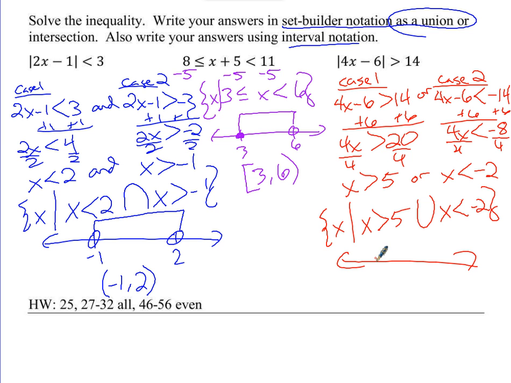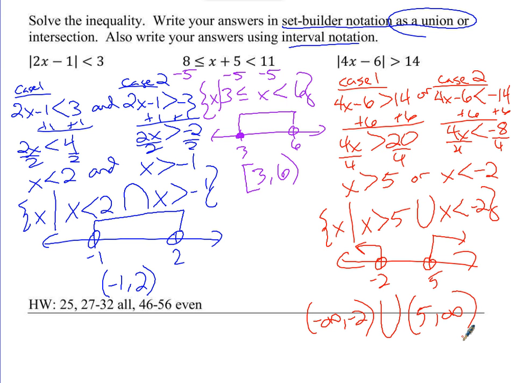Bell's going to ring here, just hang on. We have -2 and 5. Both are open and they're going outward. So the interval notation here will be parentheses -infinity, comma -2, parentheses. Then you can use the union symbol again. Union, open parentheses, 5, comma, positive infinity, close parentheses. So the union and intersection symbols work for both.